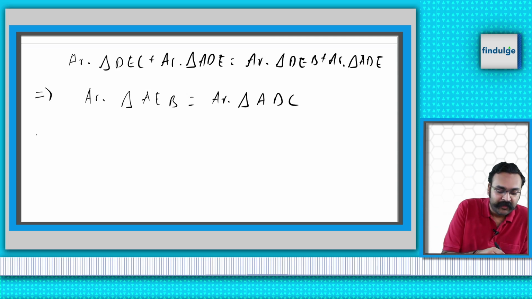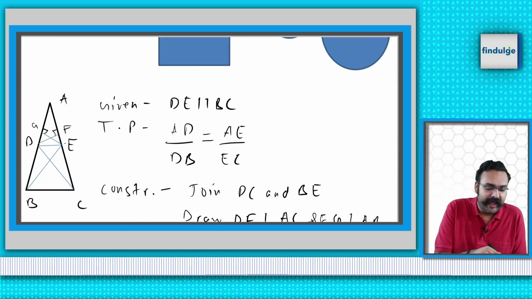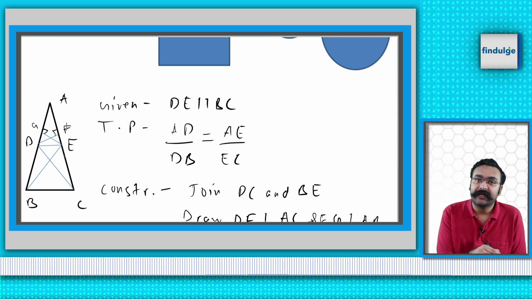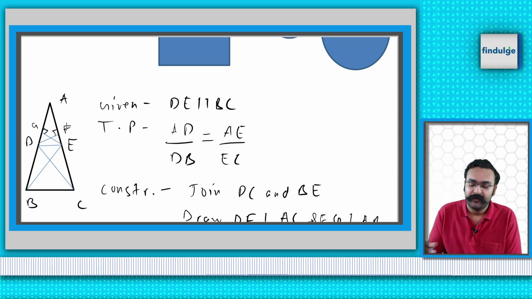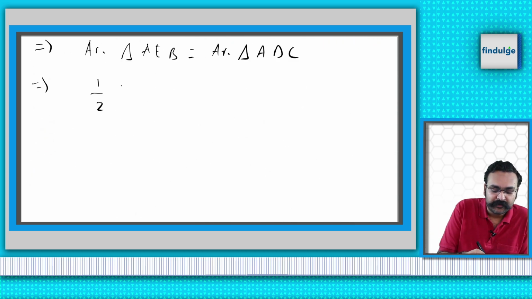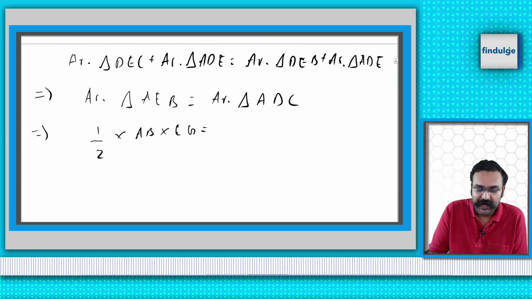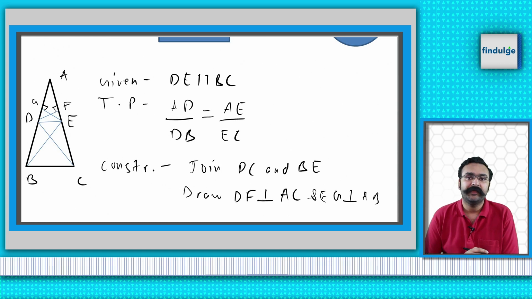And now the area of triangle AEB, this triangle, is nothing but half base into height, where I will take the base as AB and I will take the height as EG. So this means half times AB into EG is equal to, similarly for triangle ADC, half times AC into DF.